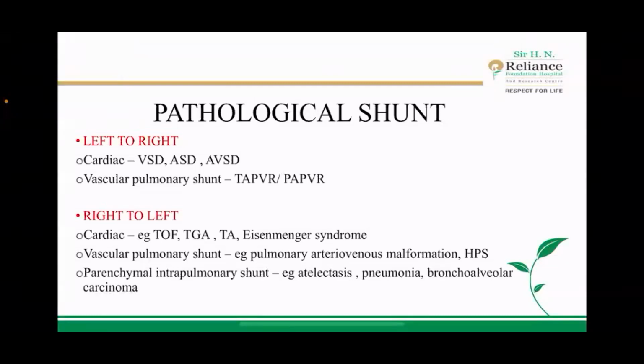The cardiac causes include tetralogy of Fallot, transposition of great arteries, tricuspid atresia, or Eisenmenger syndrome. The extracardiac causes could be pulmonary, due to ventilation-perfusion mismatch, like atelectasis, pneumonia, bronchoalveolar carcinoma, or a vascular pulmonary shunt, like pulmonary arteriovenous malformations.